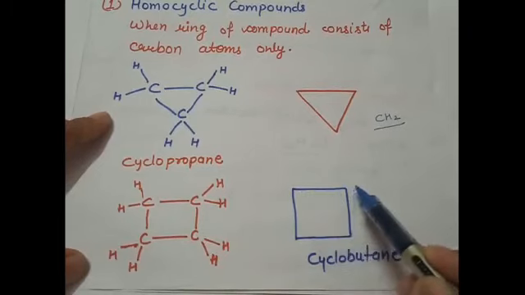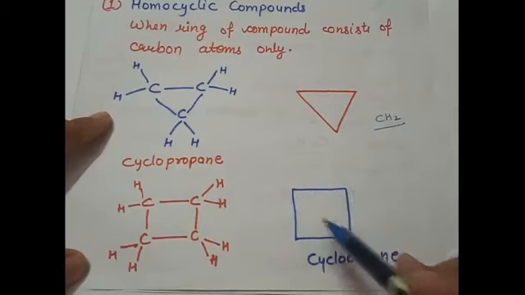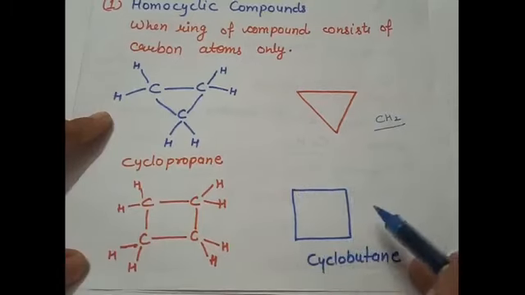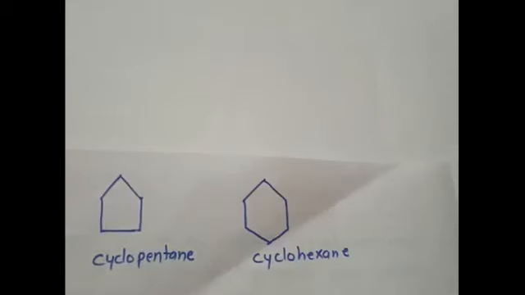So here also we have CH2, CH2, CH2, CH2, all having a single bond in between them. So this closed structure is called cyclobutane. Now you would have understood that one corner or one line is representing the bonding of 2 CH2 molecules.